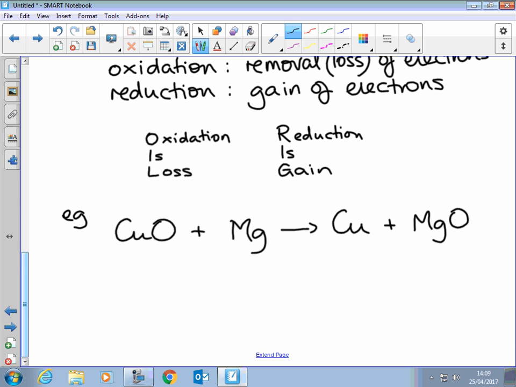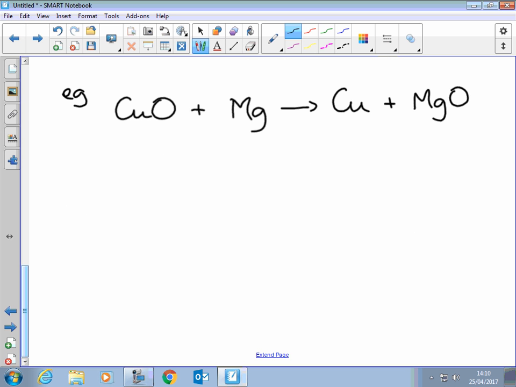If we just look at what's happening to the metals, we can write this just as an ionic equation, ignoring the oxide ions. So oxide ions, we describe them as spectators.